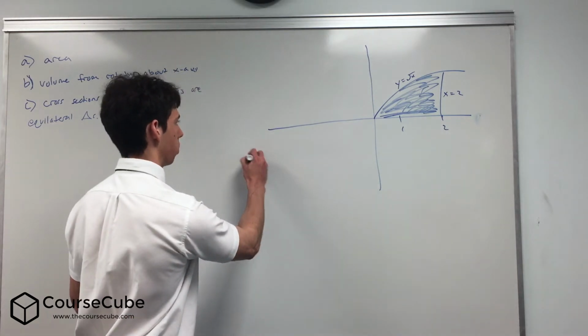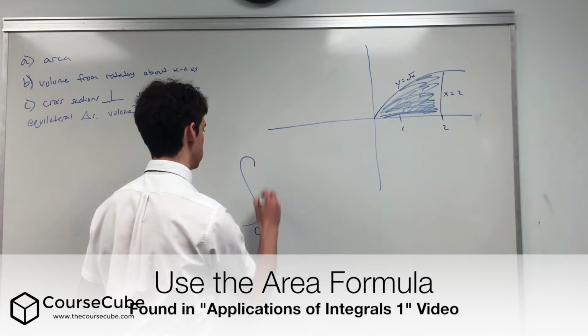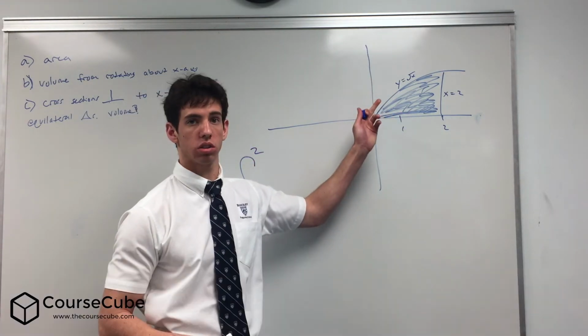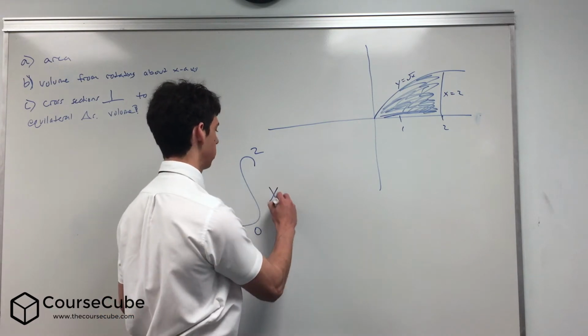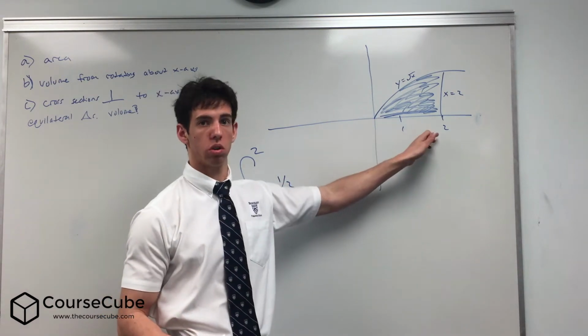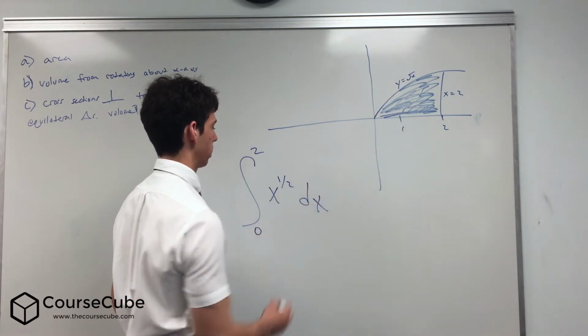We're going to take the integral from 0 to 2 of the top curve minus the bottom curve. Now the top curve is root x, x to the 1/2. The bottom curve is just y equals 0, so we don't have to put anything in with respect to x.